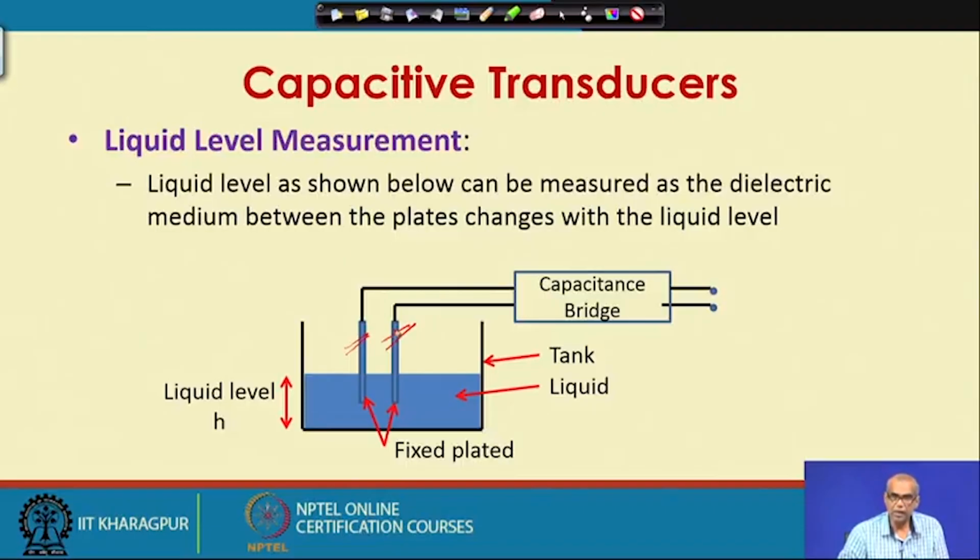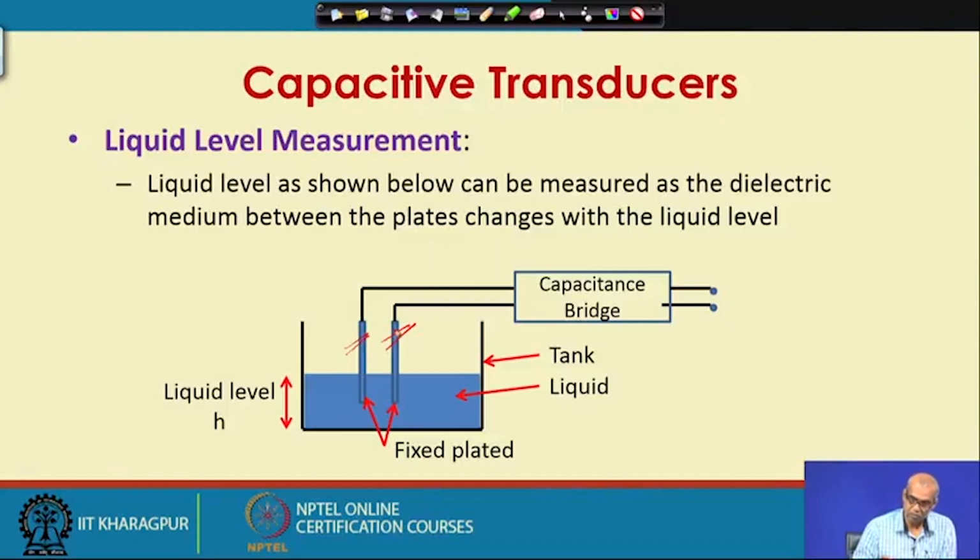Here both the plates are kept fixed. Suppose we wish to measure the liquid level in a tank. So, we put these two plates into the tank and the distance between these two plates is fixed.